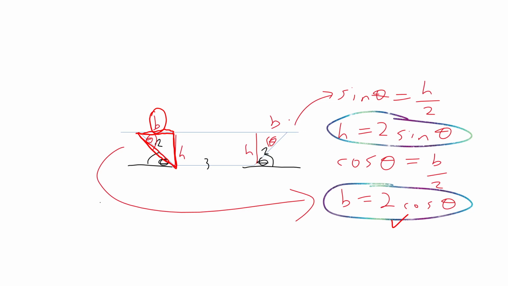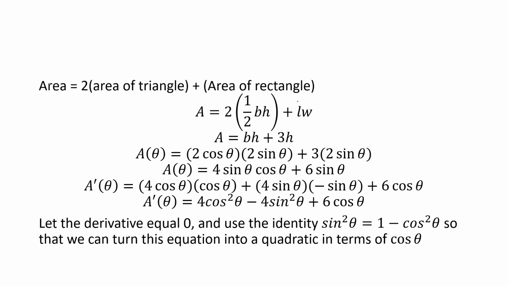Focusing on this other triangle, sine theta is equal to opposite over hypotenuse, so that's h over 2, so h is 2 sine theta. We've already shown that, just to show it again, perhaps a little more neatly. What we can now do is say we have a formula for the area of the trapezoid: 2 times 1/2 base times height plus length times width.